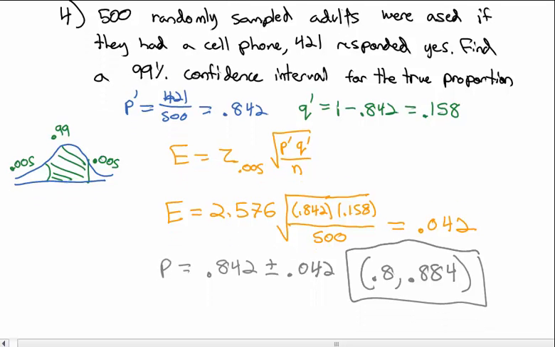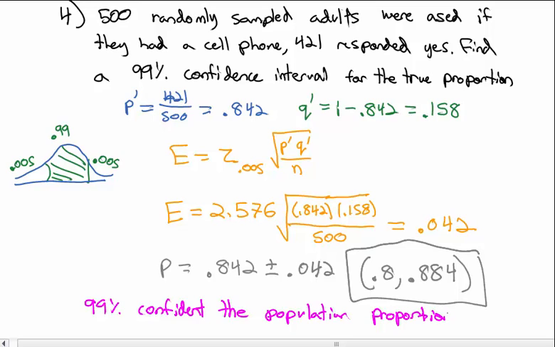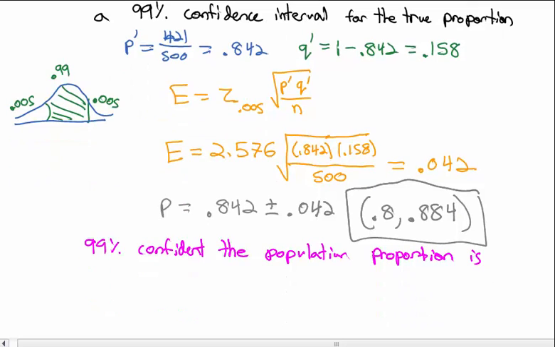And now we have a 99% confidence interval. We are 99% confident the true proportion, or the population proportion, is between 0.8 and 0.884.